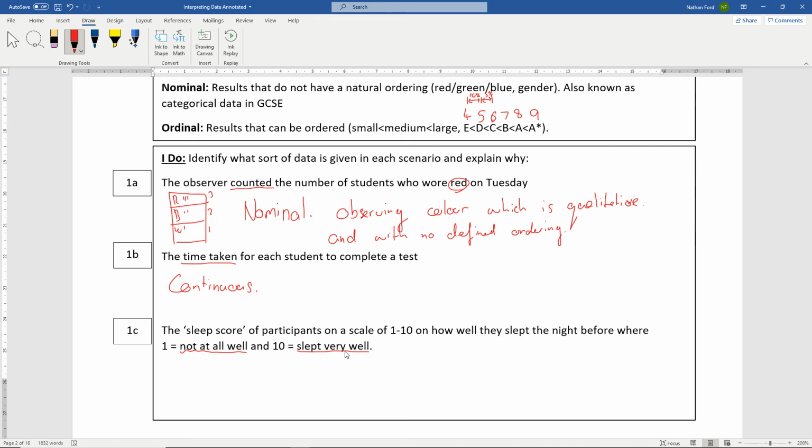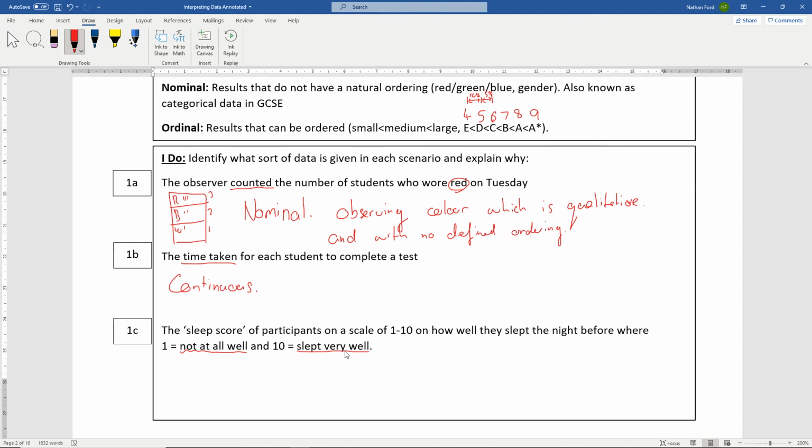There's another point as well. This is something that you talk about in things like psychology, and it's the fact that when you're doing these surveys, people are going to have different opinions on what a 10 is. Their 10 is going to be comparable to their best sleep ever, so some people might be putting a 5 down, and it might be just as good as somebody putting an 8 down.